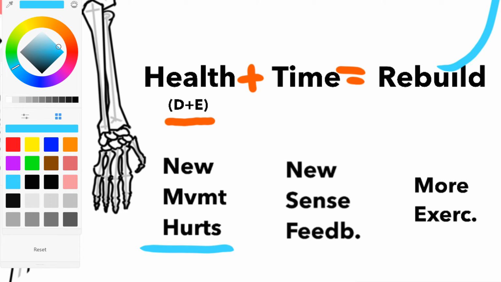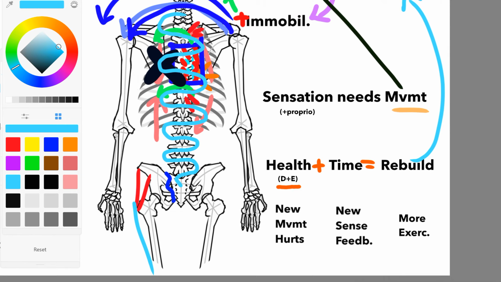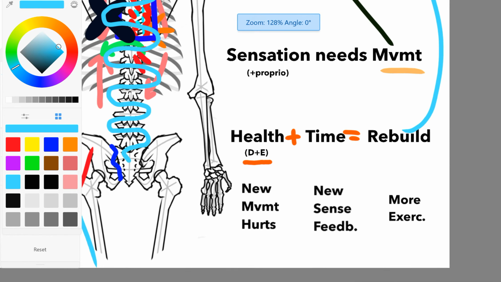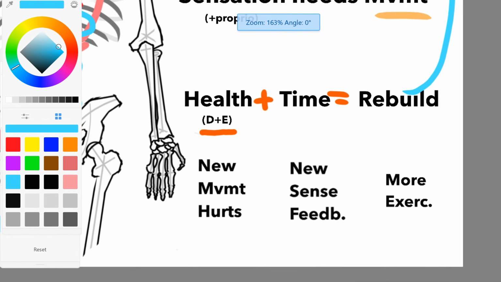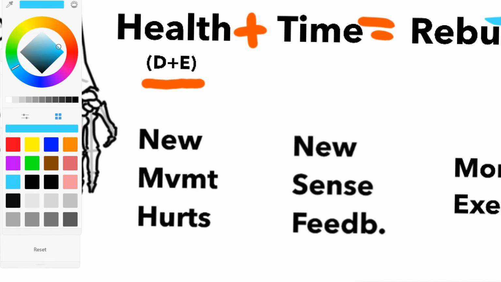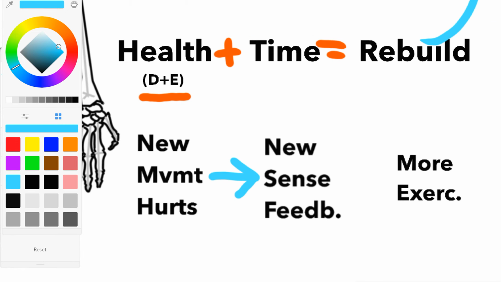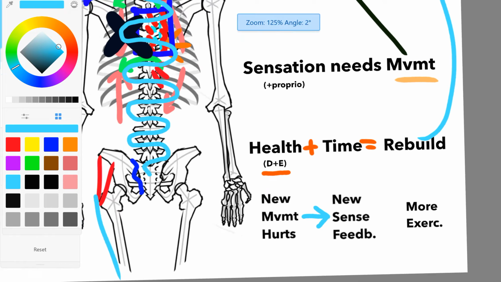But when something hasn't moved in a long time, if suddenly we go in there and we start reestablishing movement, we start moving things around, the new sensation of it is like fresh tissue. It's like it hasn't moved ever, and now it has to relearn everything. And often the first signals coming through are pain because it's confusing. But that new sensation does create new mechanical feedback over time.